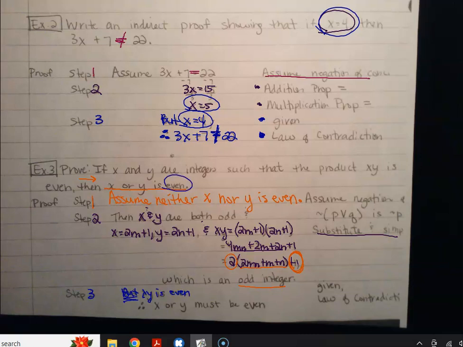That's what they said up here. Therefore, x or y must be even. Again, we put our given at the end and the law of contradiction. Those are always going to be the last two things in your step to get us started: the given and the law of contradiction.